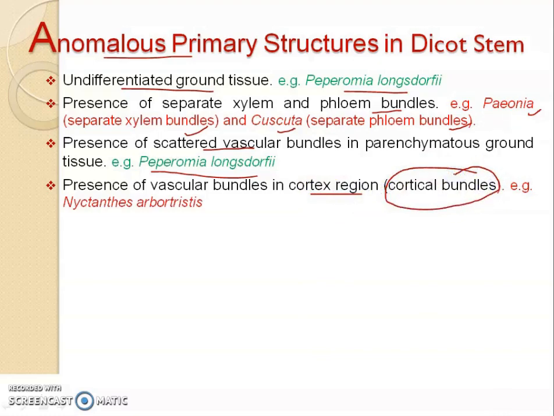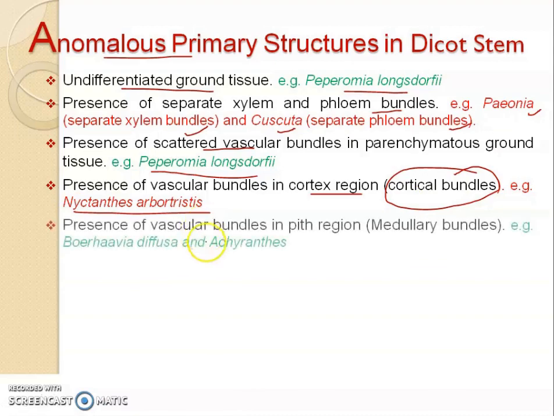In the previous slide, we discussed that vascular bundles are never present in the cortex and pith region in normal primary structures, but in Nyctanthes arbor-tristis, cortical vascular bundles are found. Presence of vascular bundles in the pith region, and these are called medullary bundles. For example, in Boerhavia and Achyranthes, medullary vascular bundles are found.